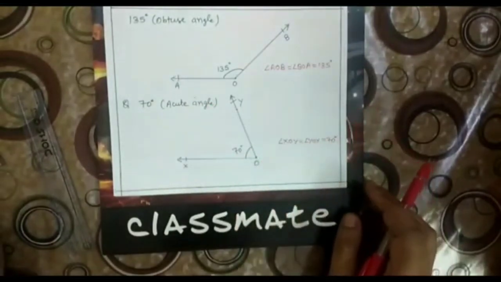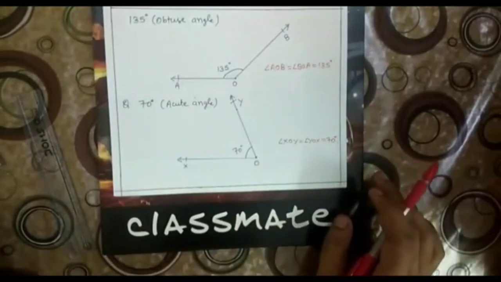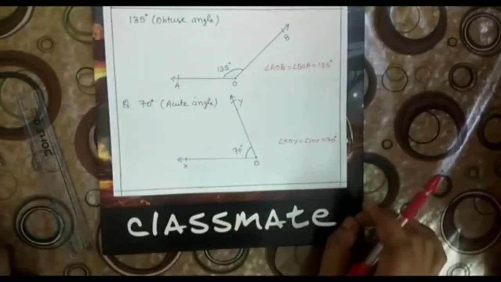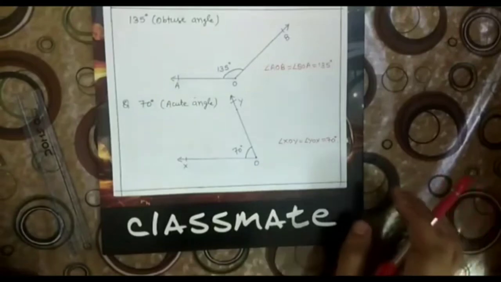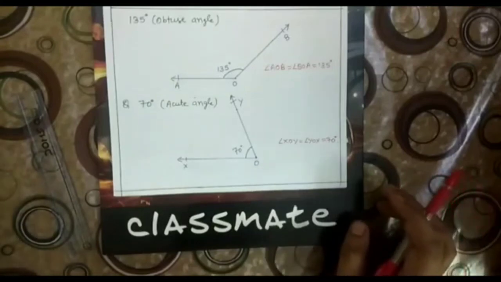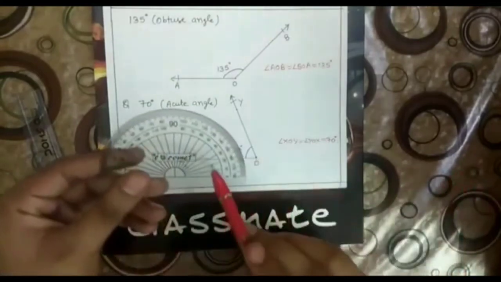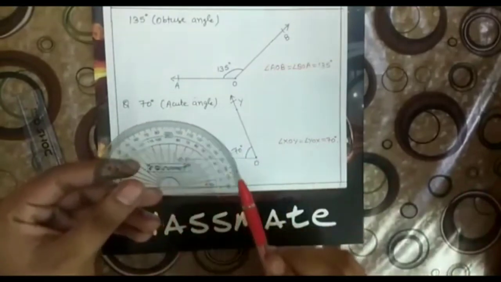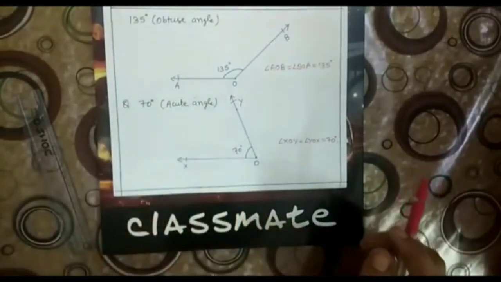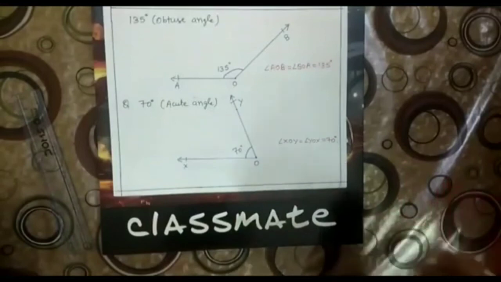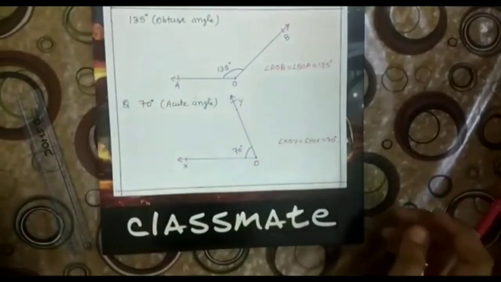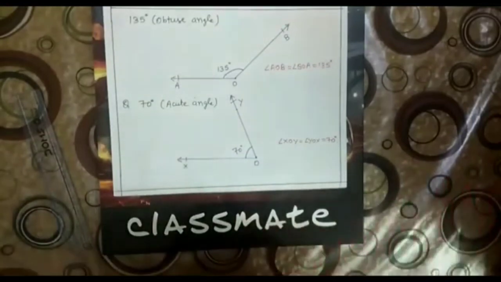So in this way, you can draw your angles with the help of your protractor without using the semicircles of the protractor as given here. Always remember those 2 points. I hope this video will help you to draw the angles. Thank you.